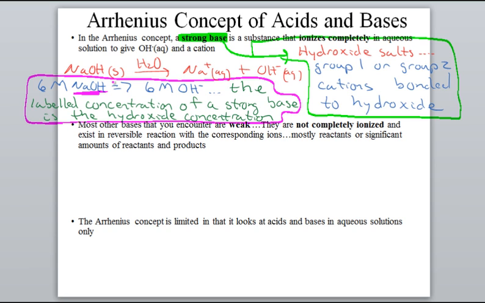Okay, Arrhenius' definition for a weak base is very similar to a weak acid. A weak base can be quite soluble in water, but only a fraction of them react to form the hydroxide ion. And a good example is ammonia, NH3.